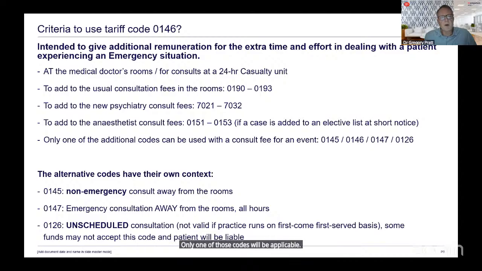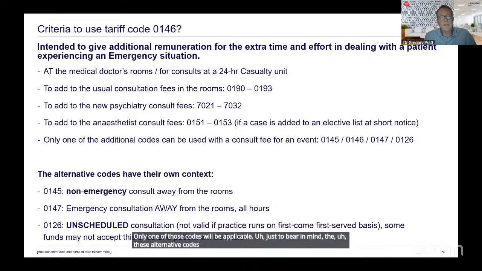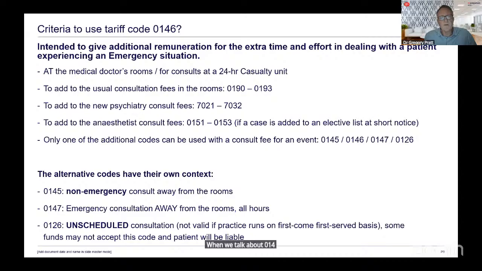Just to bear in mind, these alternative codes have their own context. When we talk about 0145, those are non-emergency consults away from the rooms. You have your 0147, which is an emergency consult away from the rooms. And then the 0126 that is mentioned there is for unscheduled consults.